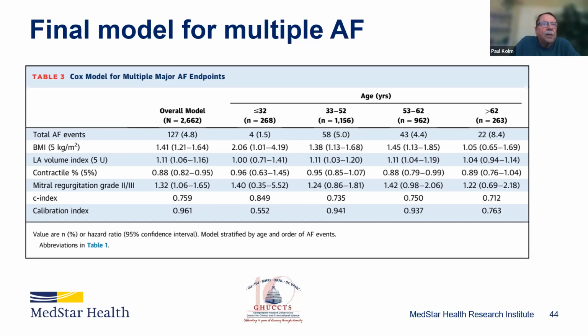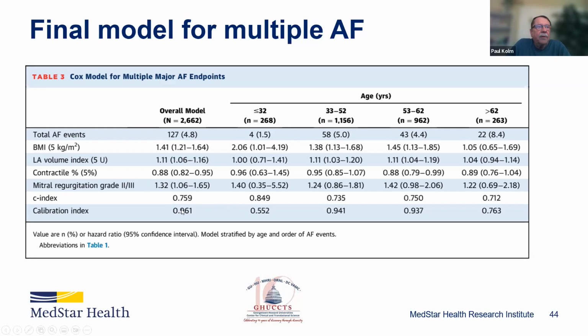And so in our statistics of how good our model did, we, of course, would compute the C index, or the area under the receiver operating curve, and then the calibration index. Our C index for the overall model is pretty good. It's not great, but about 0.76. Our calibration index, that is how well the observed probabilities match the predicted probabilities, is really good.